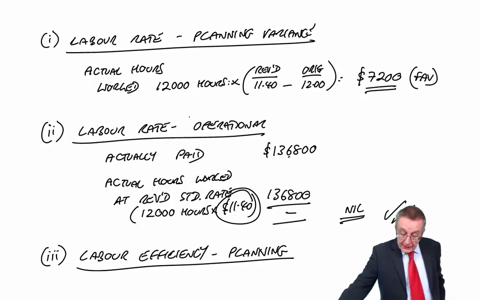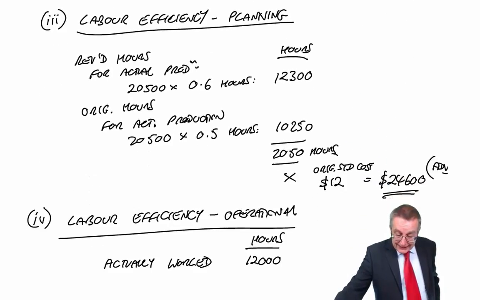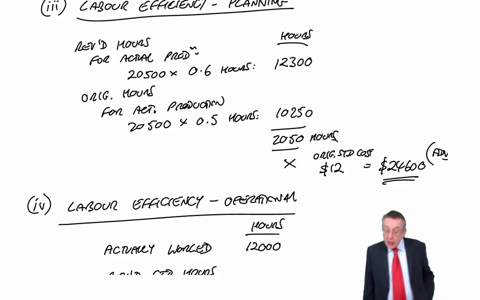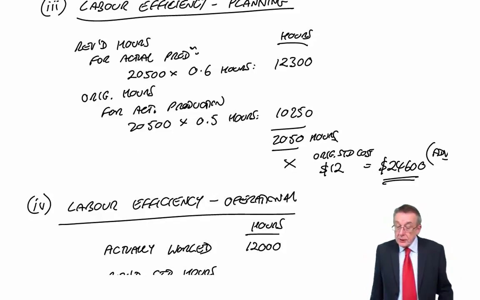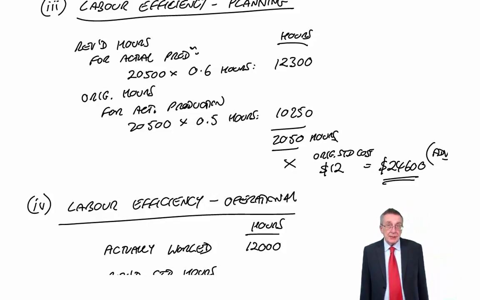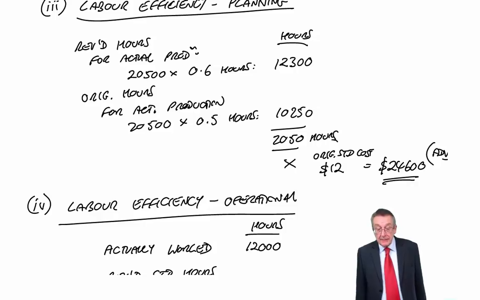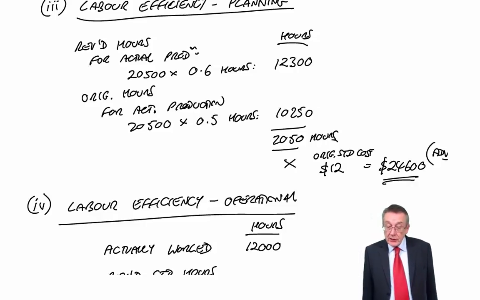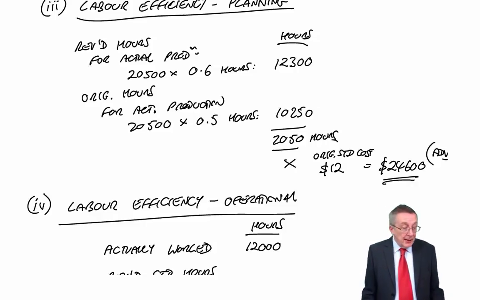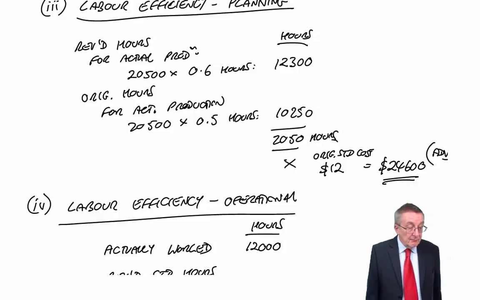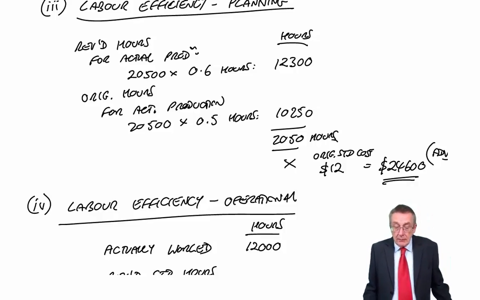And since it's bound to be slower for the first month, fine. That's going to lose us money, 24,600. Hopefully it is only for the first month. Hopefully in later months we can get faster. But that change in plans was rather forced on us by the customer. Not much we could do.